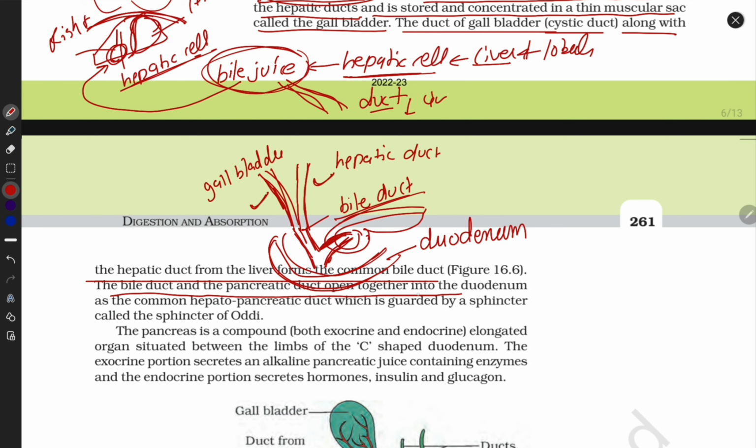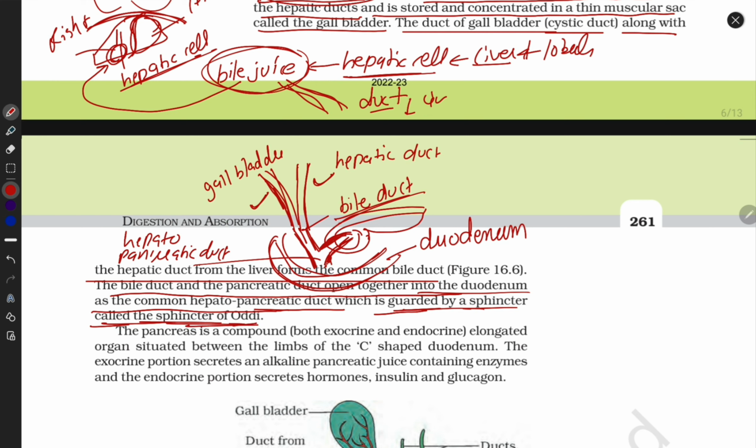They open as a common hepatopancreatic duct, which is guarded by a sphincter called the sphincter of Oddi.